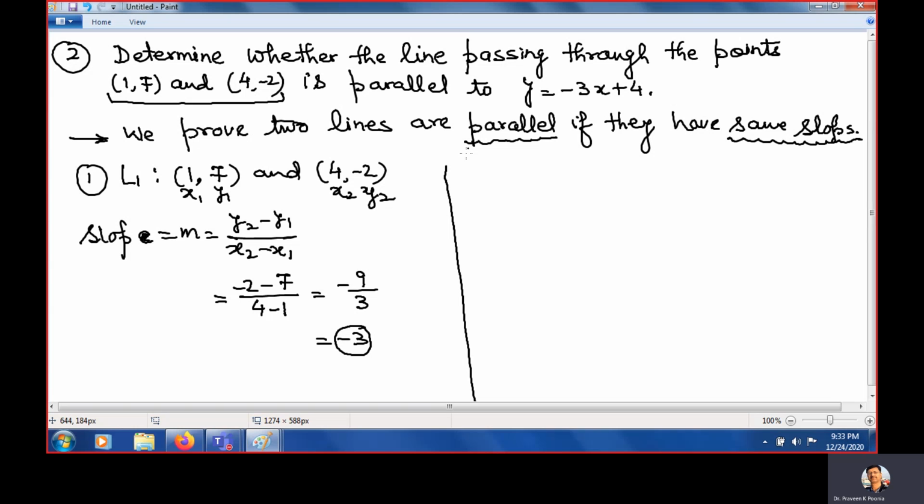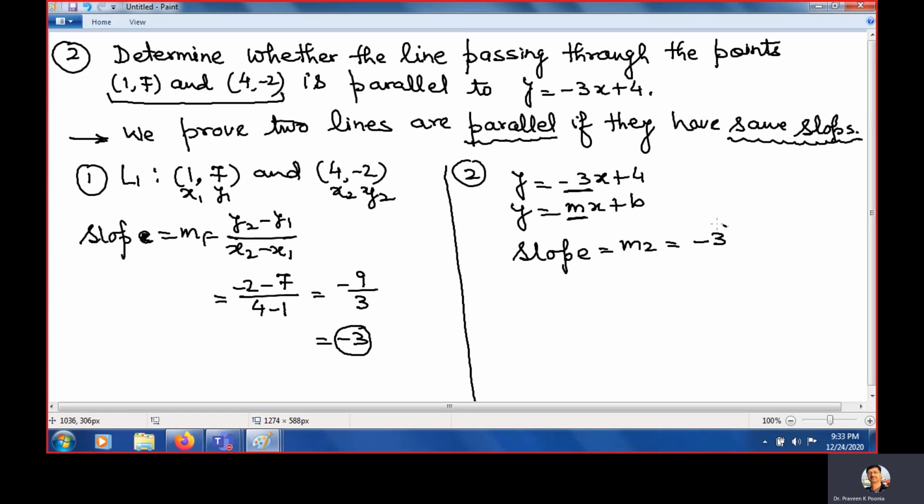Slope is minus 3. Now we'll take the second line. The second line is y is equal to minus 3x plus 4. If you compare this line with y is equal to mx plus b, what is the slope? The slope is m. So here let us say this is m1, and here let us say the slope is m2 and it is minus 3. You can see minus 3 is the slope. Clear?